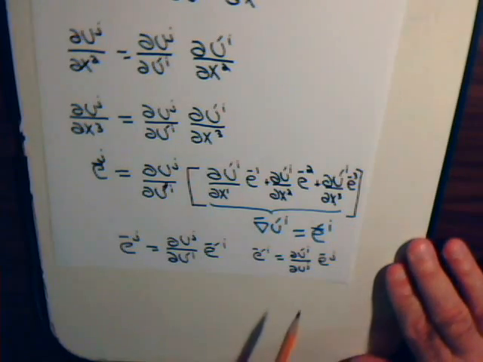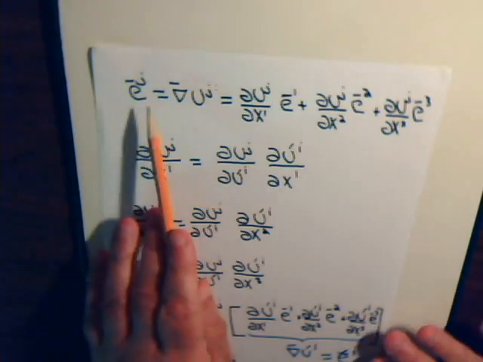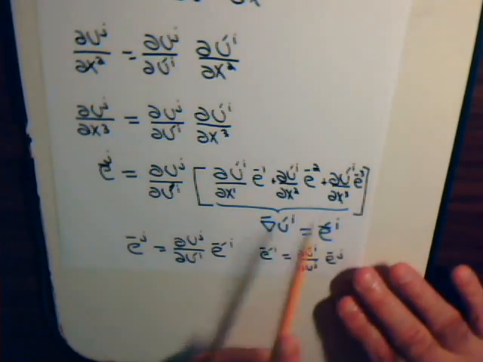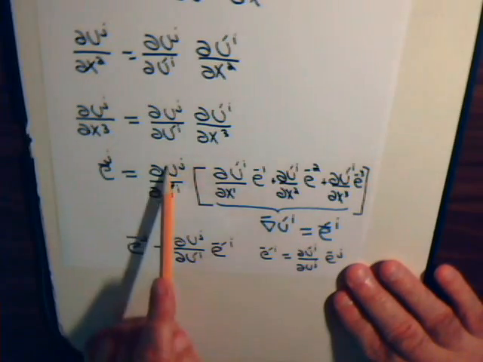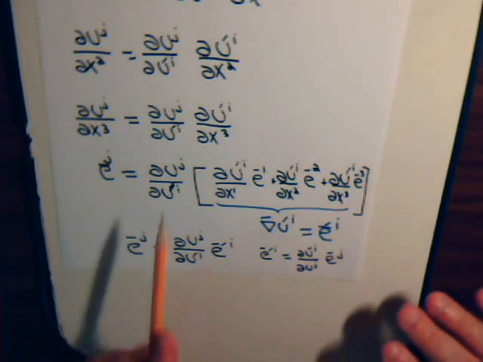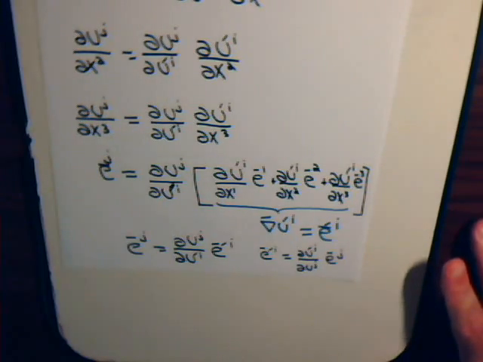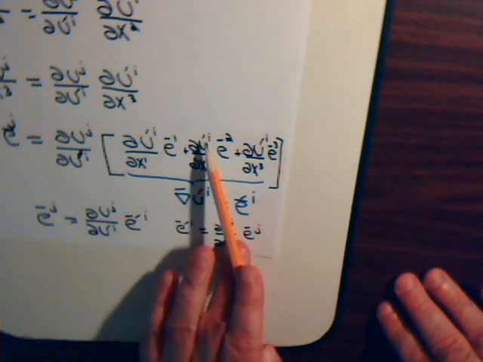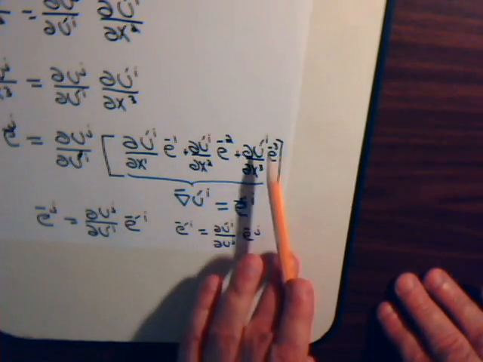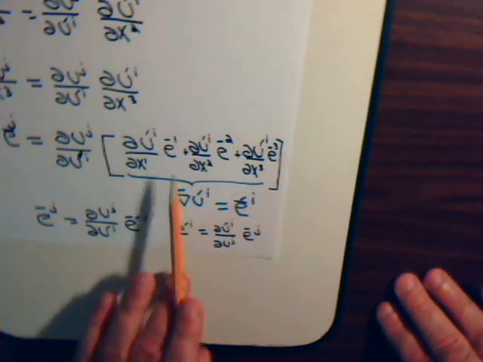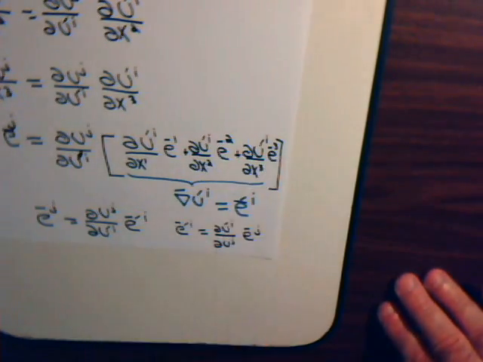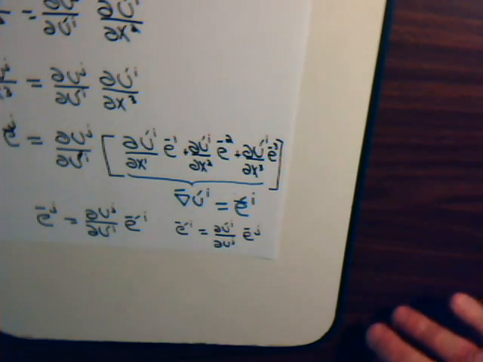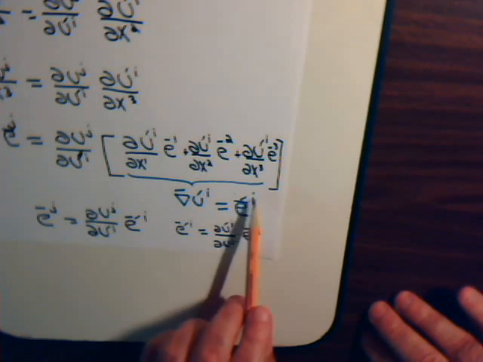So by using the chain rule, this equals this, we can rewrite like this. We factor this out. This turns up in each case and we apply the chain rule. Well, if we look at this, the product of u_i prime with respect to x1, the product of u_i prime with respect to x2, the product of u_i prime with respect to x3 multiplied by these tangential vectors, that is the gradient of u prime i, and that we write as e prime i.